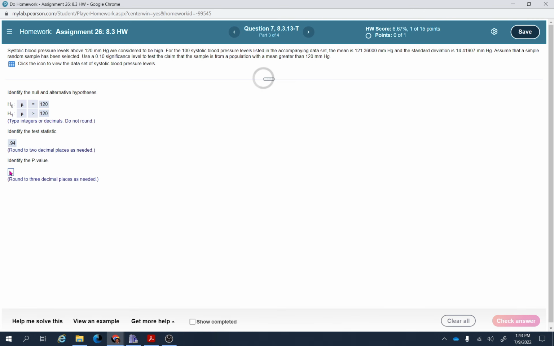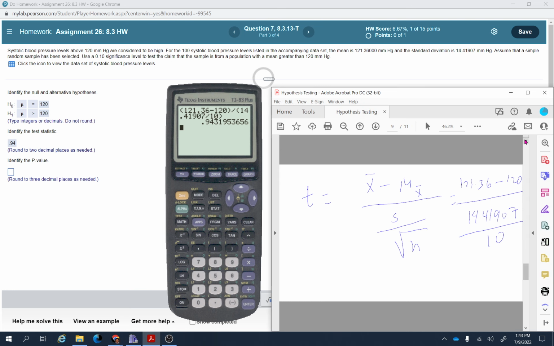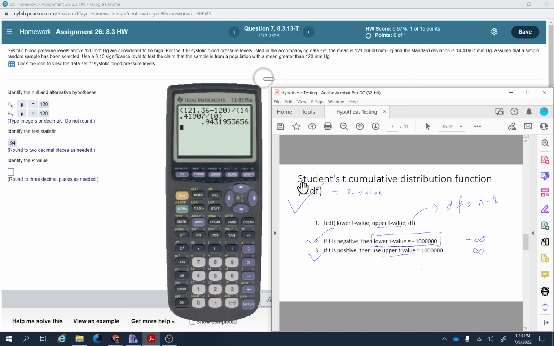Now based on this t value, we can calculate the p-value. As we know already, the p-value can be calculated using the tcdf function in our calculator, and that function takes the lower t value, upper t value, and then degrees of freedom. In case of a positive t value, the upper t value would be positive 1 million and the lower t value would be the given value you have here. To get the tcdf, we go to second, vars, the distribution menu, and choose number 5, that is tcdf.